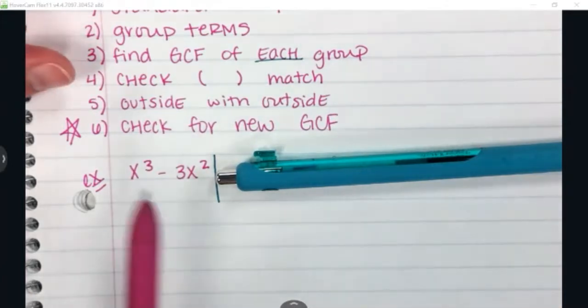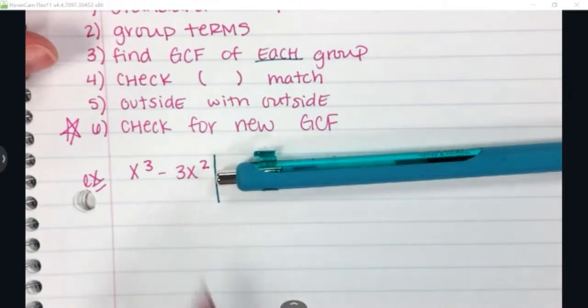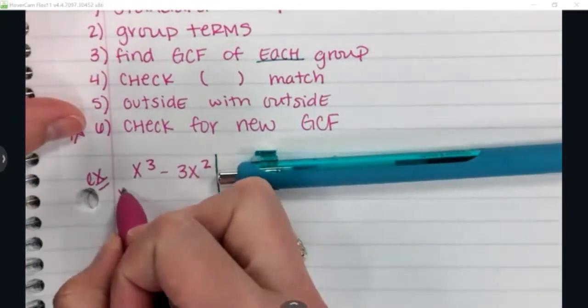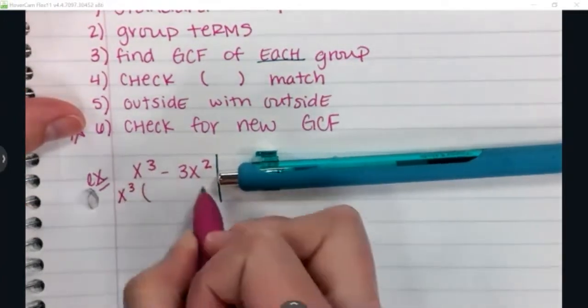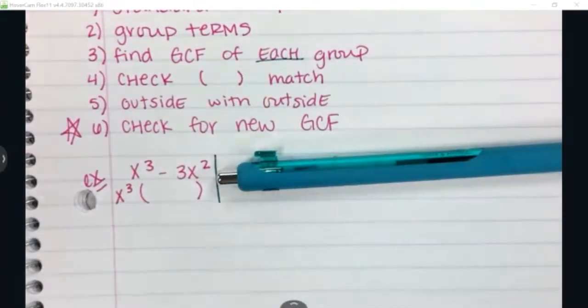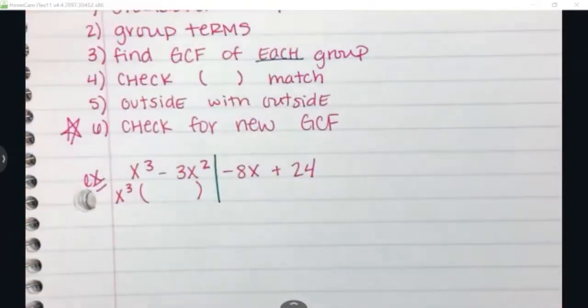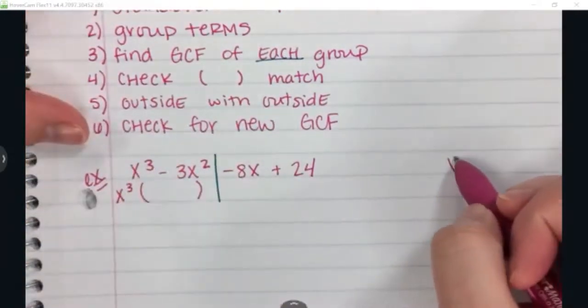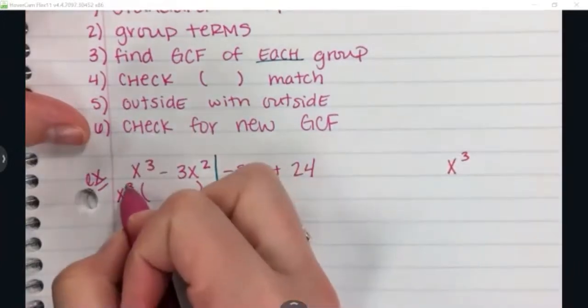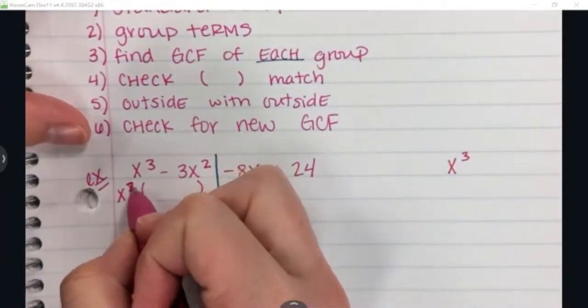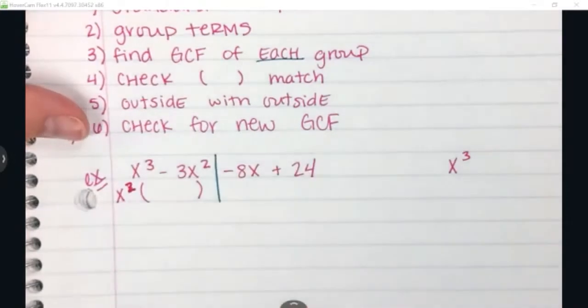Very good. They both have an x squared. Okay. So I'm going to take x squared and I'm going to take it out, meaning we're dividing by it. If you need scratch work, then go to the side and watch this. I have x cubed. Oops, except I wrote x cubed instead of x squared. Sorry, guys. There we go, x squared.